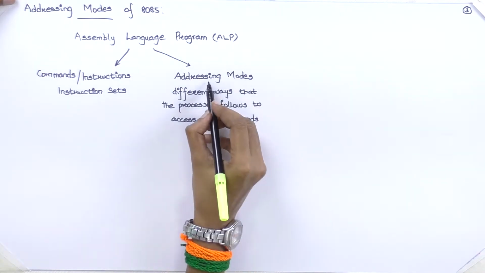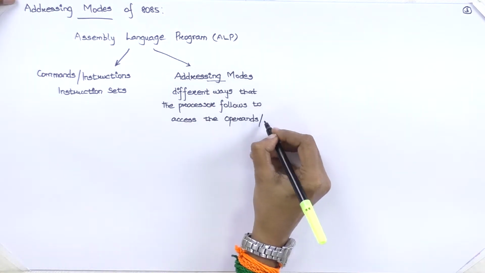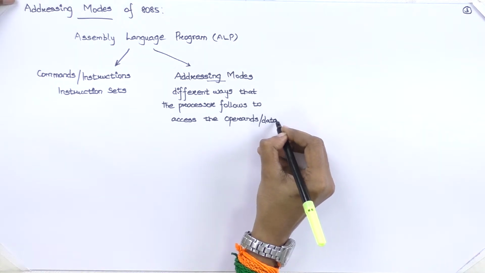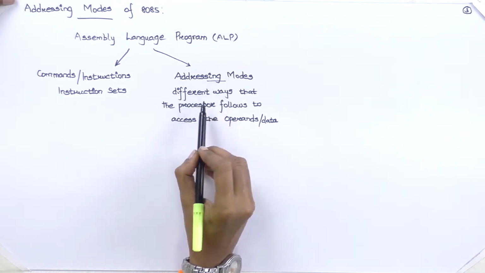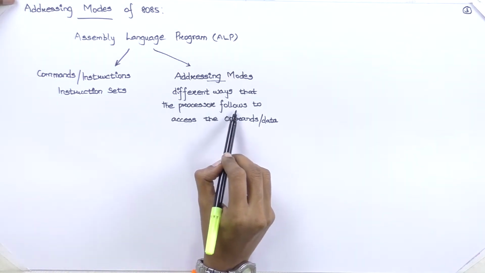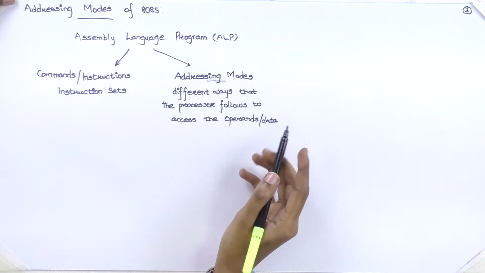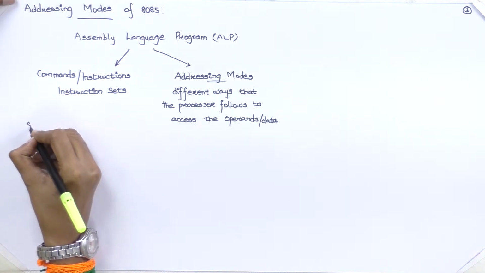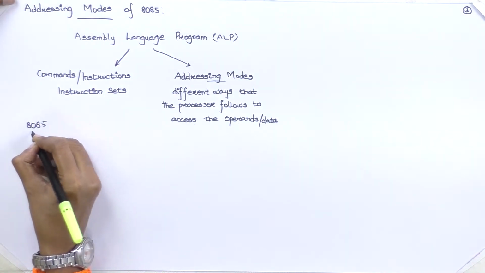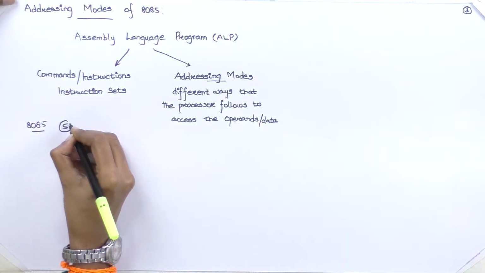The operands are also called data. So addressing modes are the different ways that the processor follows to access the operands. Here in the 8085 microprocessor, we have 5 addressing modes.